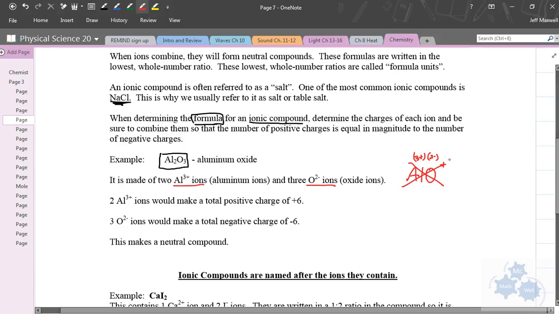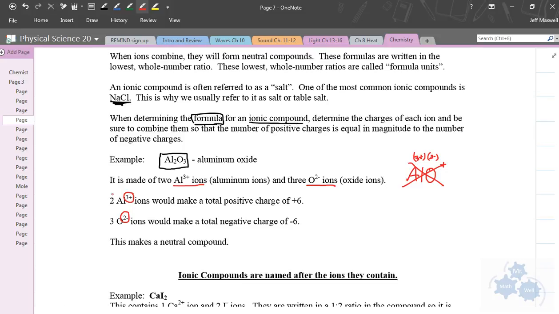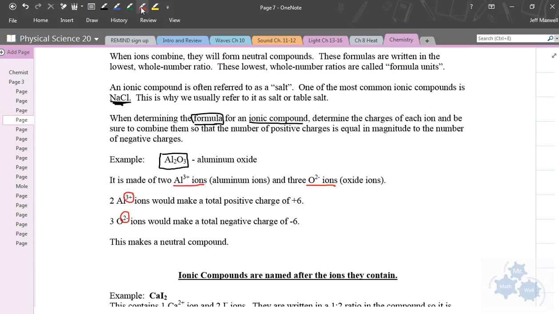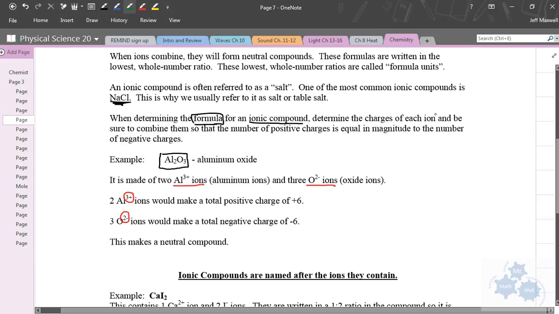Now, if we have a differing number of charges like this, 3+ and 2-, then in order for them to balance off, you would have to find a common multiple of 3 and 2, and that is 6. Now, I'm going to show you the way that I've done this before with students, and it's been a good thing.